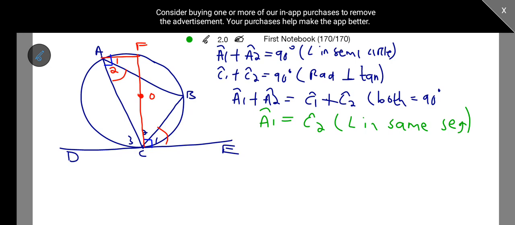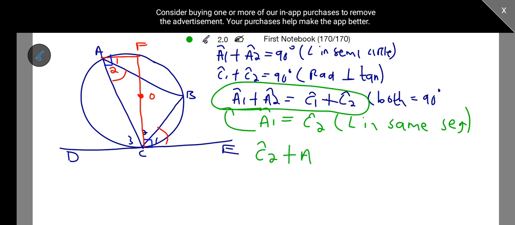So this means that wherever we see A1, we're going to plug in C2, or wherever we see C2, we're going to plug in A1, either way. I'm going to do it this way: where I see A1, I'm going to plug in C2. So it means that where I see A1, I'm going to say that C2 plus A2 is equal to C1 plus C2.